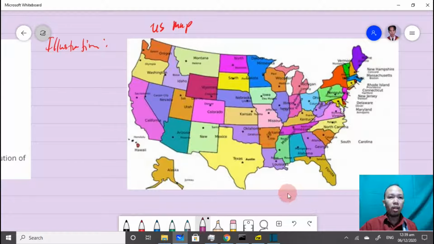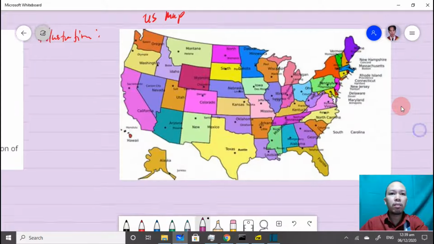I've read in the literature that there are 50 states. Others have 53 states. I don't know the latest. So suppose that there are 50 states.